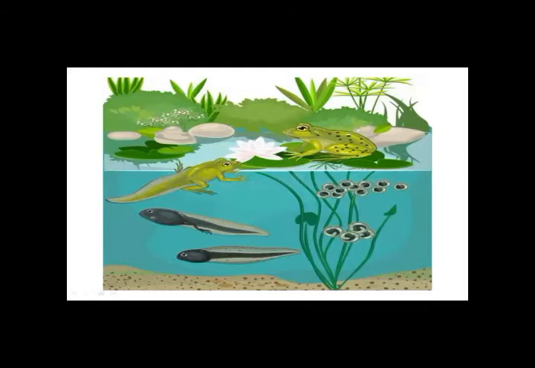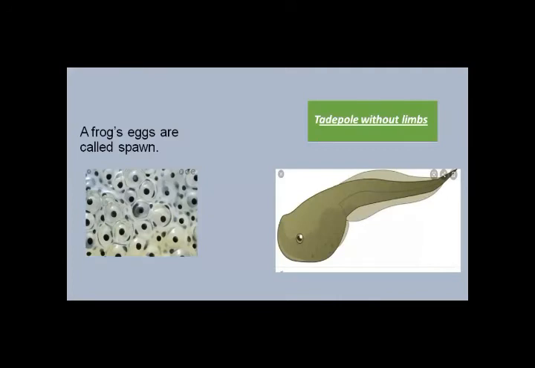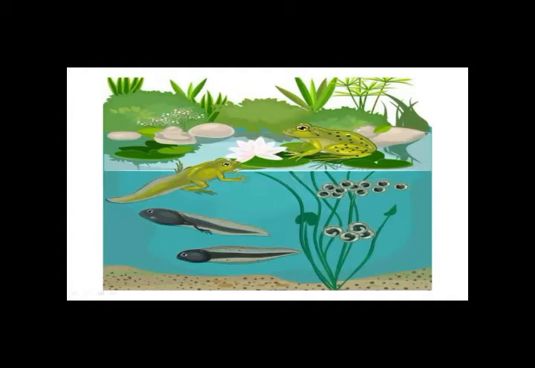Okay, you know these eggs are called spawn. These frog eggs are called spawn. S-P-A-W-N, spawn. So these many tiny eggs are called spawn.